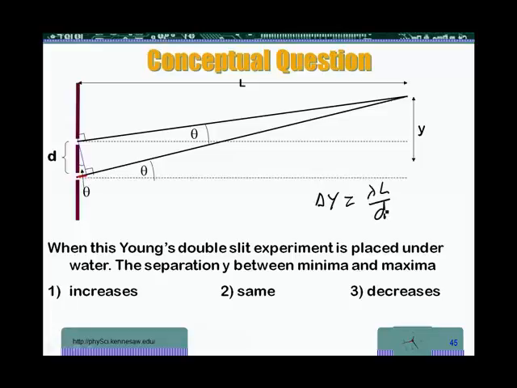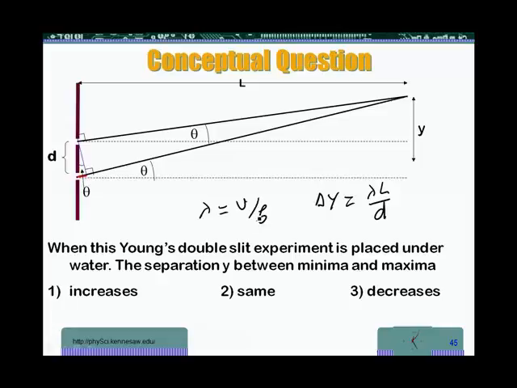So what are we doing when we immerse everything in water? Light is going to travel slower, as we discussed earlier. Frequency is not going to change. The color is not going to change. But the wavelength, remember the equation as well, lambda is equal to V over the frequency.